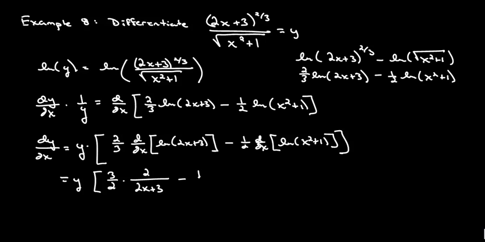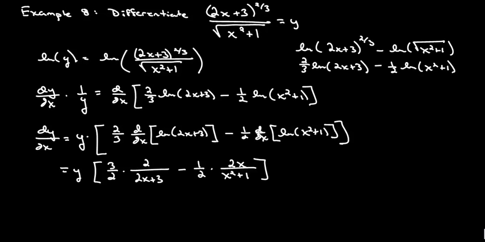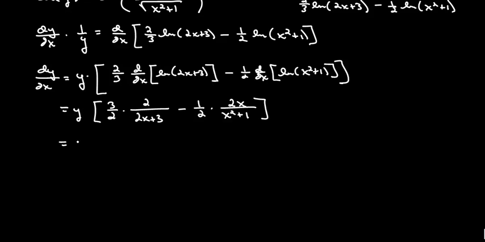Then minus 1/2 times 2x over x squared plus 1. So this is going to be y times, now the 2's cancel out here, so I get 3 over 2x plus 3, and this is going to be minus x over x squared plus 1, like that. Okay.